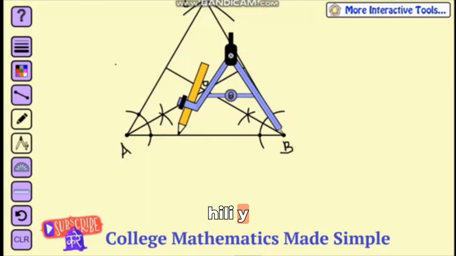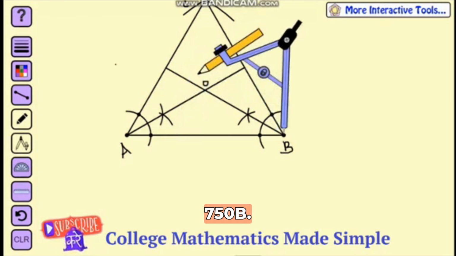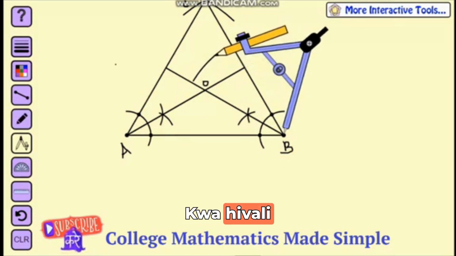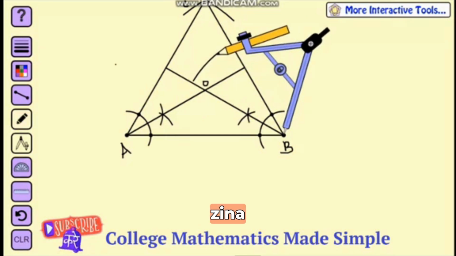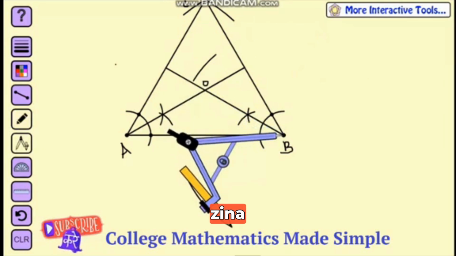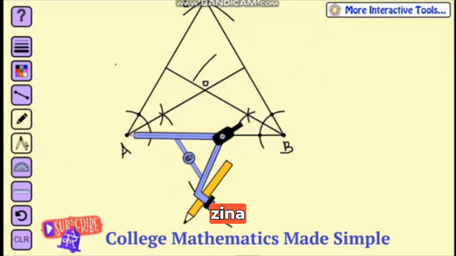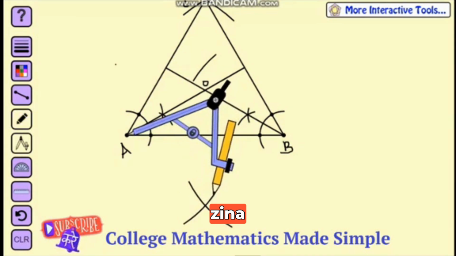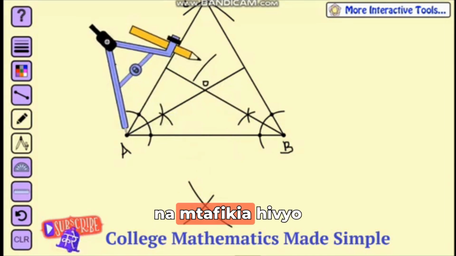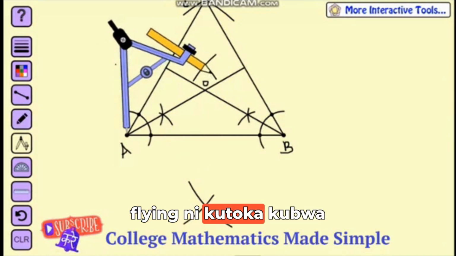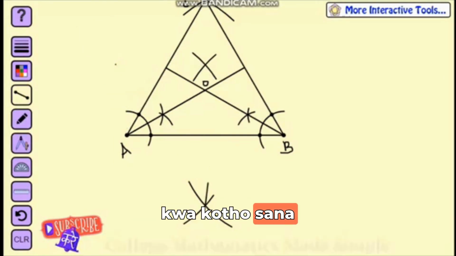Now, because this is an equilateral triangle and we have bisected two angles A and B, the line which is going to pass through the center and cross AB at an angle of 90 degrees, which is perpendicular, means that this line is bisecting AB.